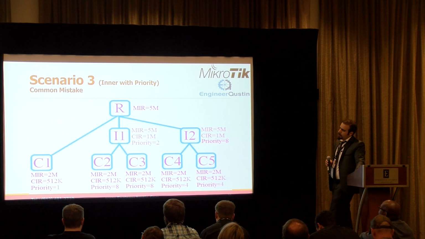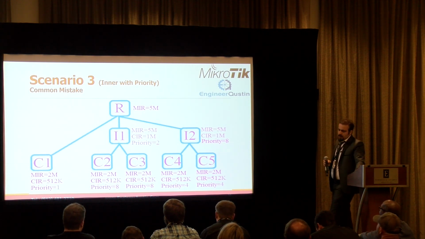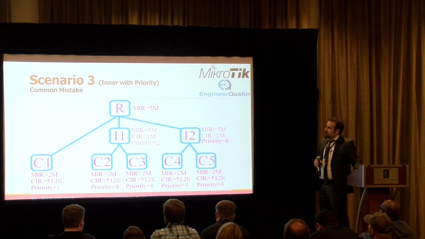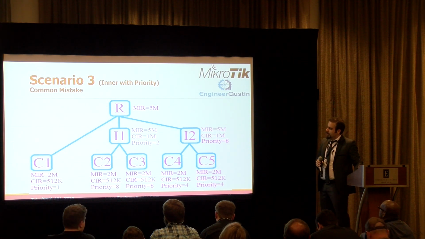Inner with priority. This is a common mistake. I saw this happen in many projects, with many clients. We can set the priority in the inner queue configuration, and what happened? What do you think? Is there anyone with any idea?